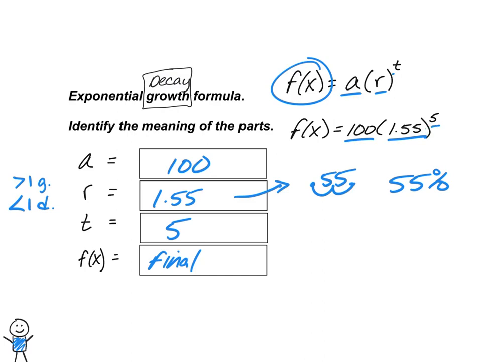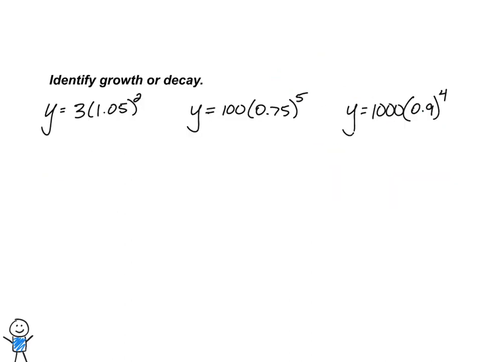That would give us our f of x, our total after the calculations are done, which is 894.7.